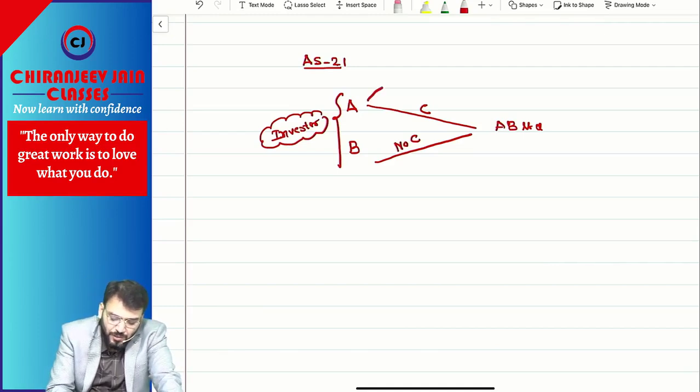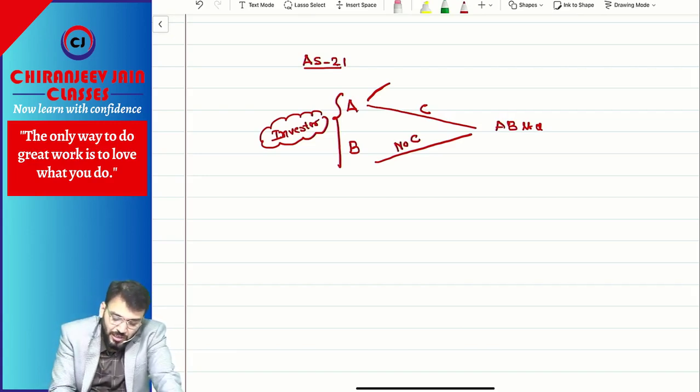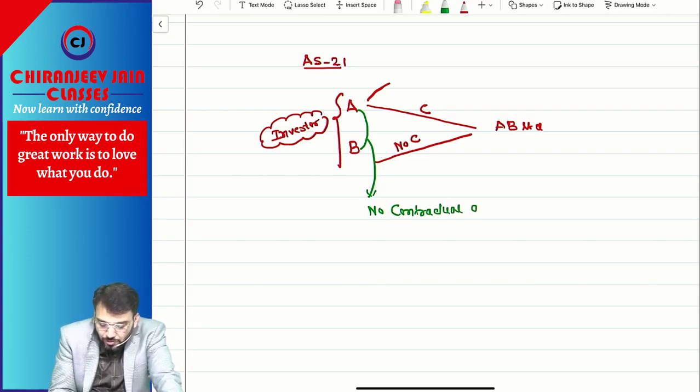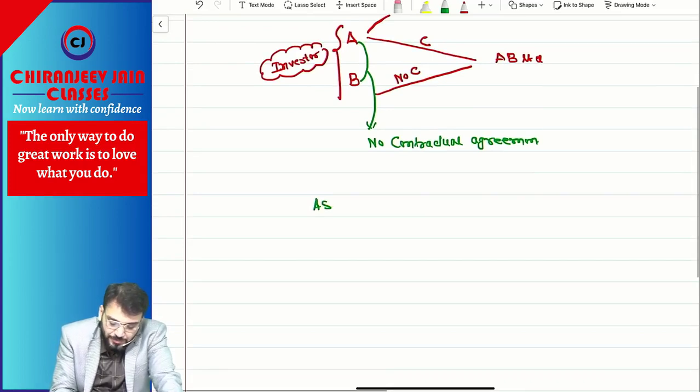And can I say for this actually no contractual agreement is required, and among A and B there is no contractual agreement. So this is AS 21. Now we came to AS 27.